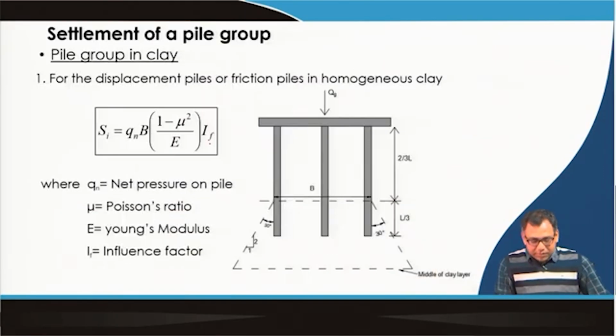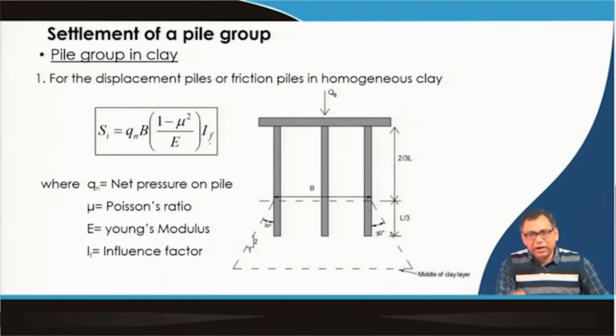Now we will calculate the group efficiency. As I mentioned, we have to calculate the load carrying capacity based on the single pile failure and then for the group or block failure, and then determine the efficiency.